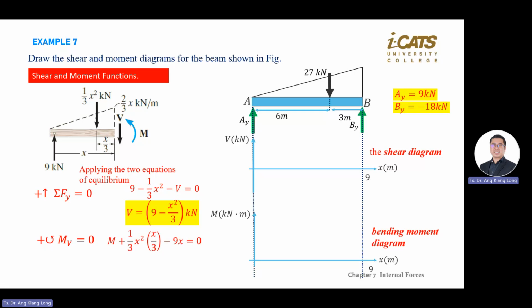Then you do the moment at the cut, M anticlockwise positive, and this black arrow gives you anticlockwise positive. 9 kilonewton gives you a negative value because it's clockwise. So you get M plus so and so equals 0.